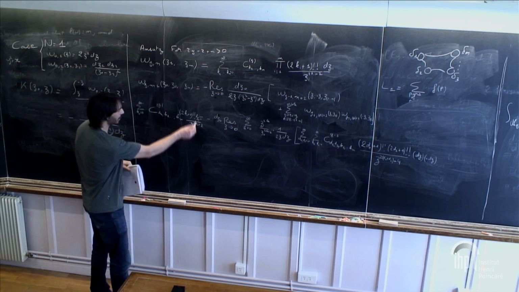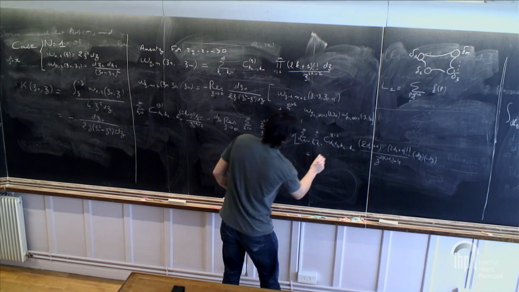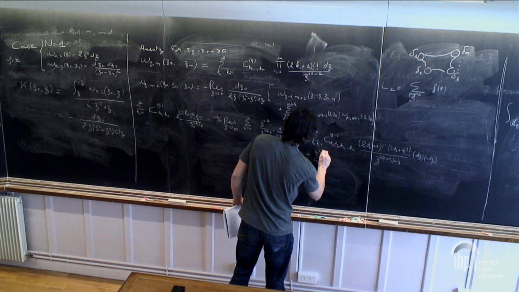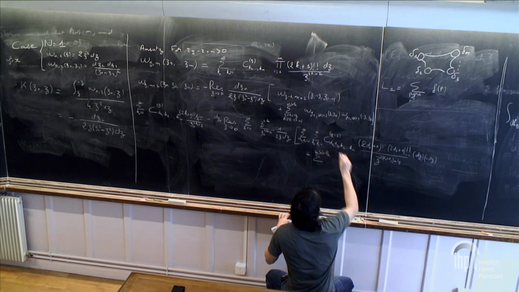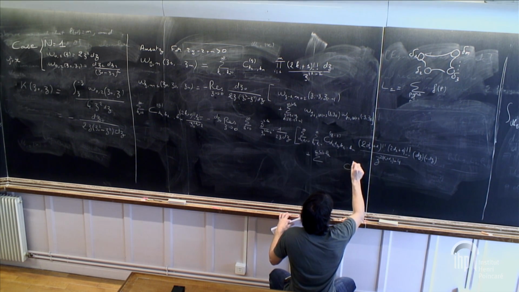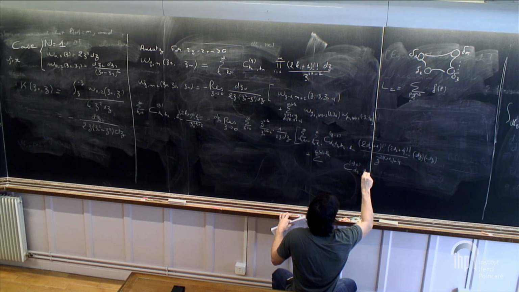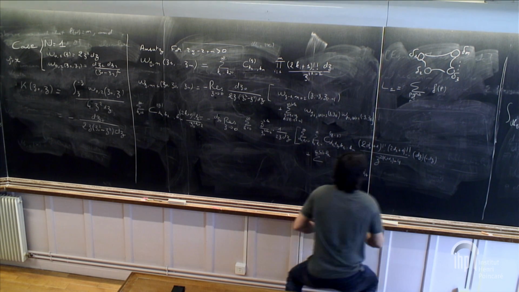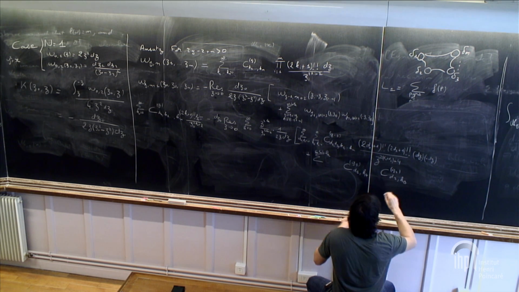So I get an equality of this type. This sum is equal to that plus another term, which is a sum over stable terms. And here you've got exactly the same thing: it's CG1 D1 KA times C G2 D2 KB.